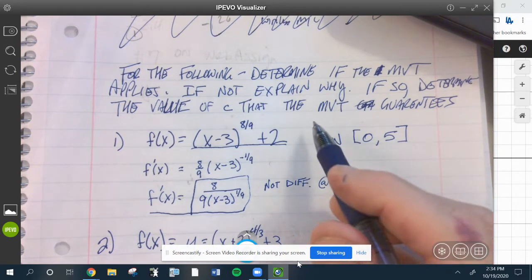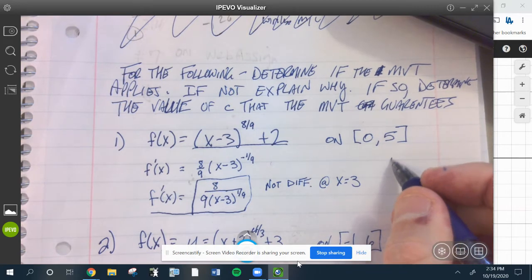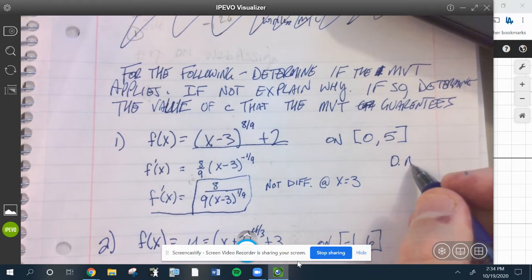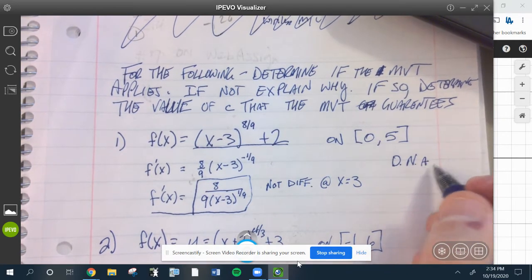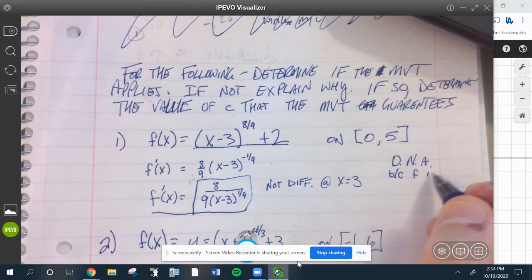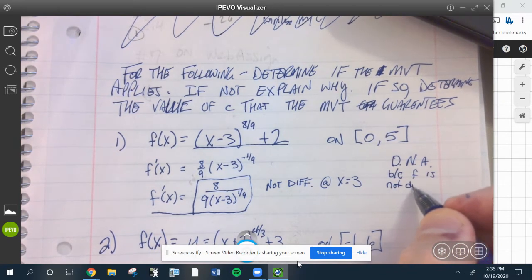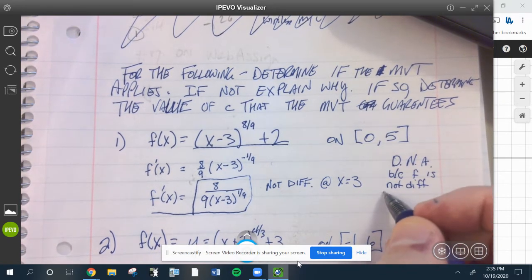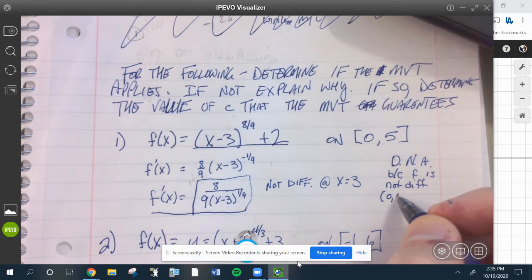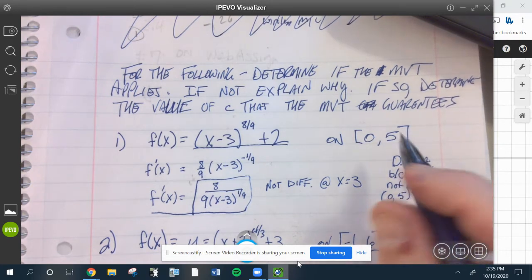Therefore, the mean value theorem does not apply. So it does not apply, because even though f is continuous, it's not differentiable on the open interval 0, 5. It wouldn't really matter if it wasn't differentiable at the ends, but you won't see that all that often.